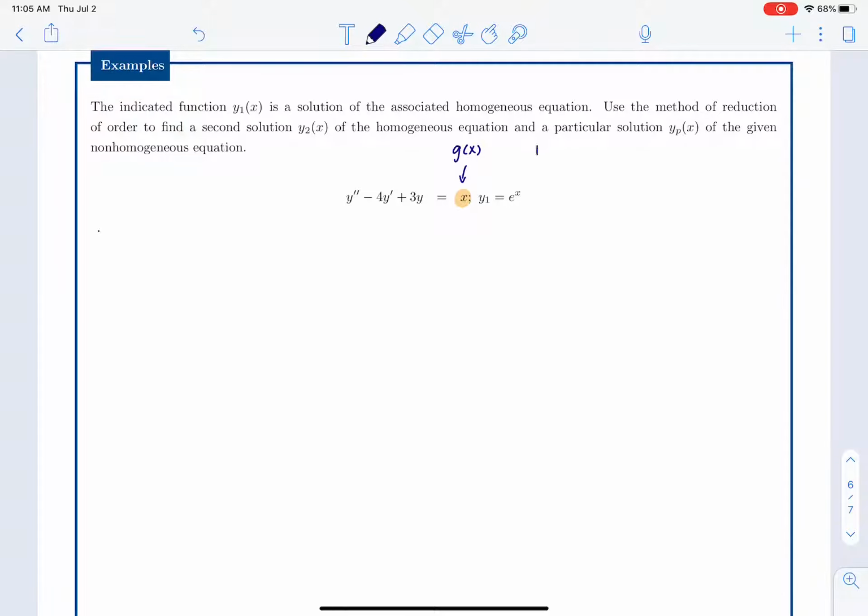So we're going to make use of the associated homogeneous equation, which would be y double prime minus 4y prime plus 3y equals 0. And now we know how to solve that. So first we'll use reduction of order.